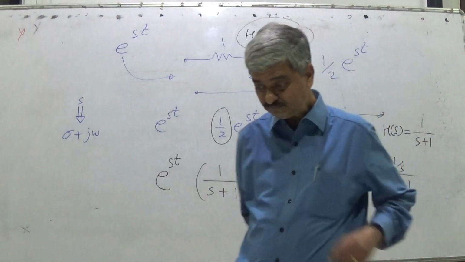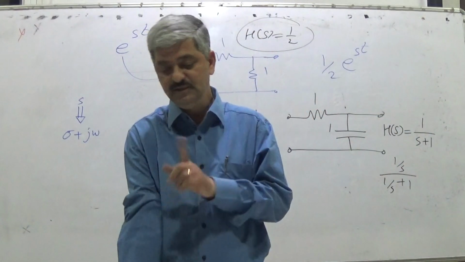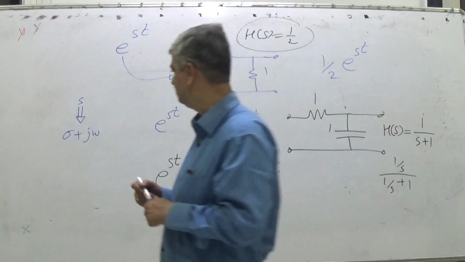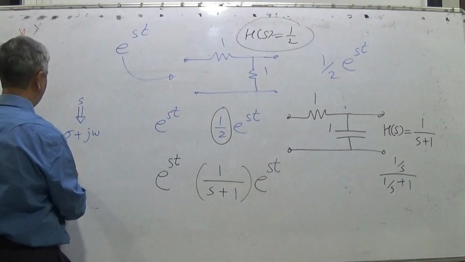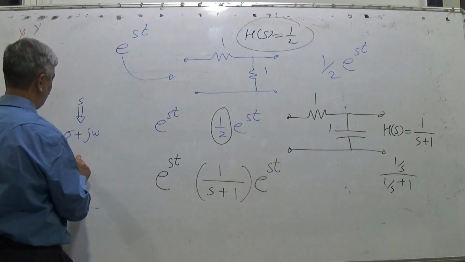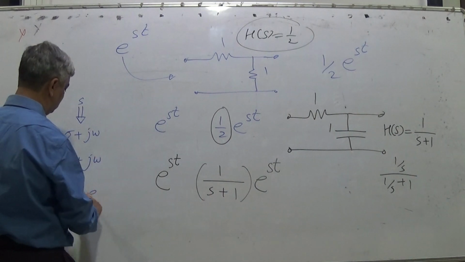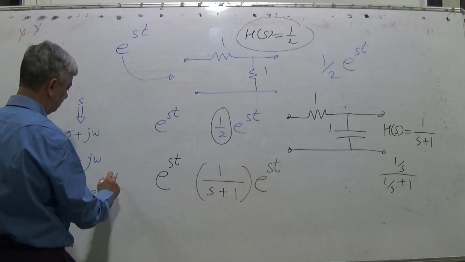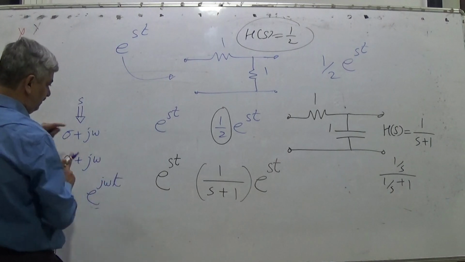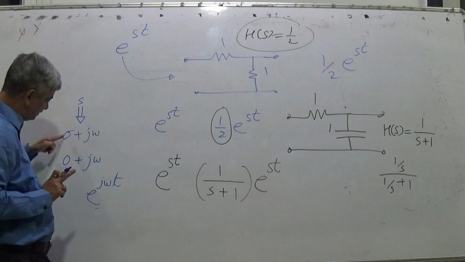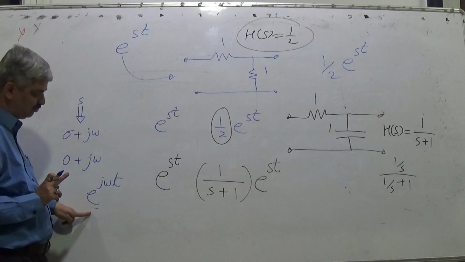Now, if S is sigma plus j omega, with sigma 0 and some value of omega, then e raised to st becomes e raised to j omega t. Input, if the sigma part is 0, becomes e raised to j omega t.